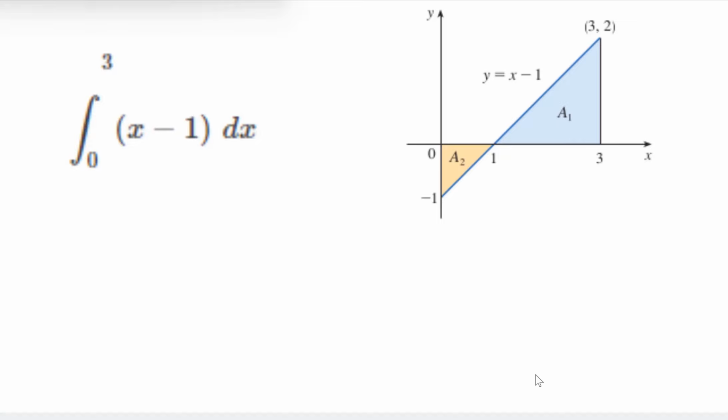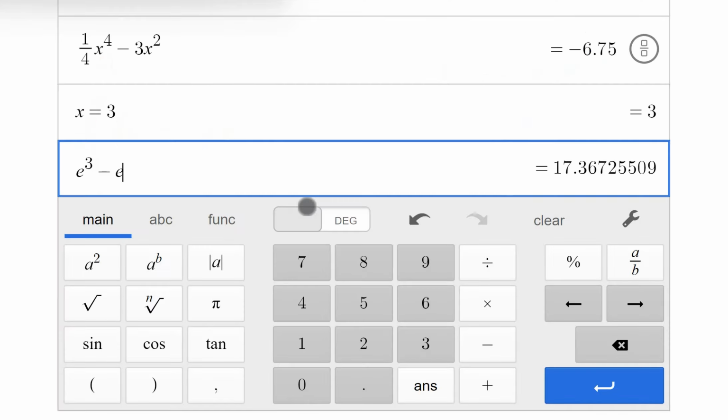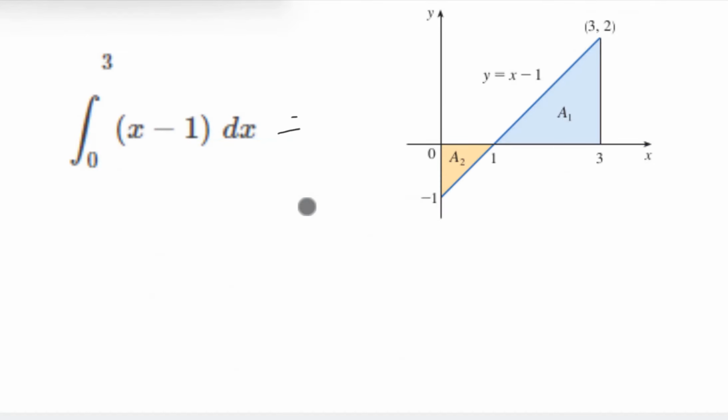So what's the antiderivative of this? What's the integral first? Oh, 1/2 x squared minus x. Good. Don't forget the minus x. Very important.